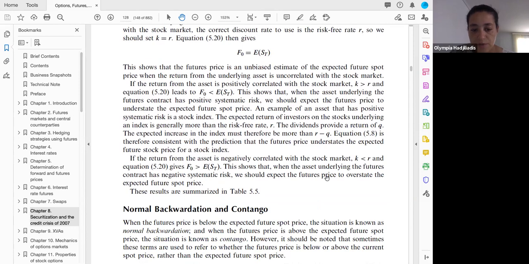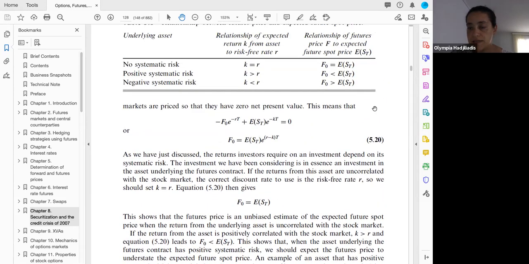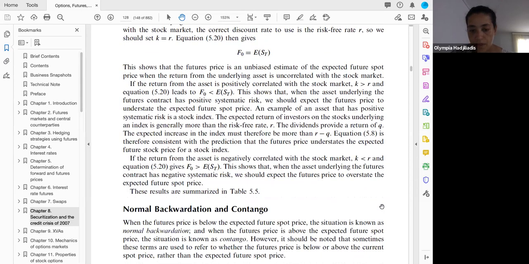When the futures price is below the expected future spot price, which is this situation over here, F0 less than the expected value of ST, the situation is known as normal backwardation.